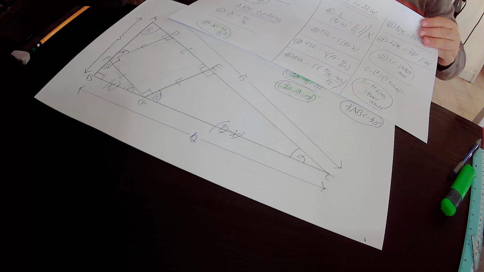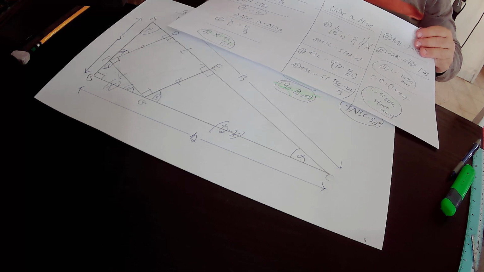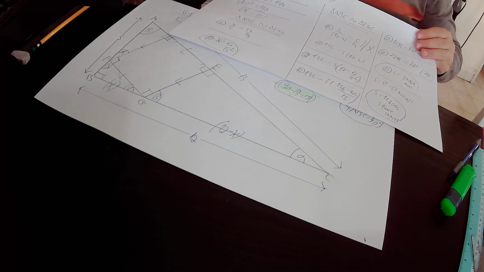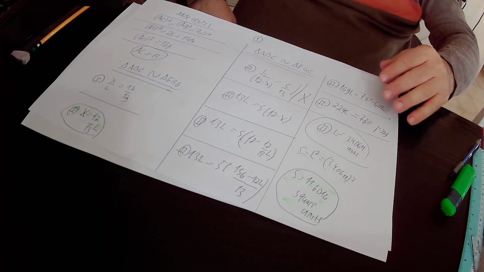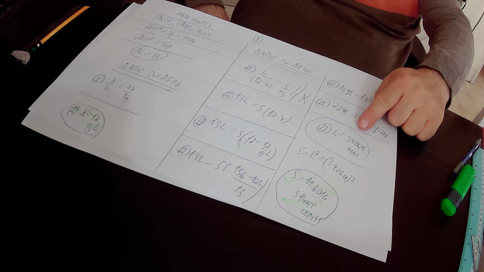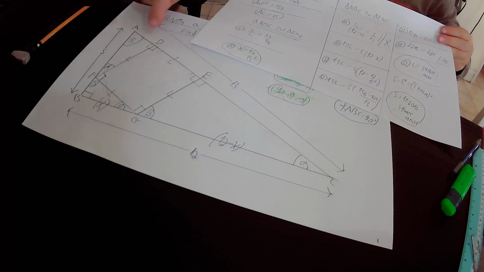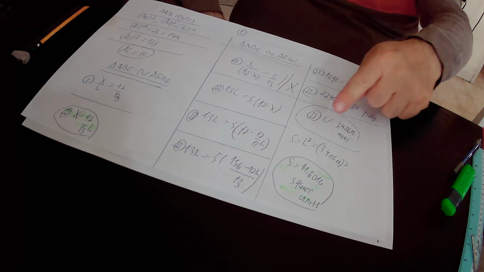And we know that the area of any square equals one side squared. That is to say, the area of this square DEFG will be equal to L squared.